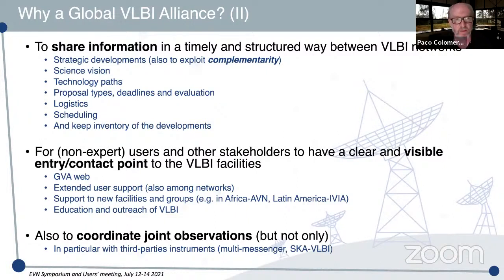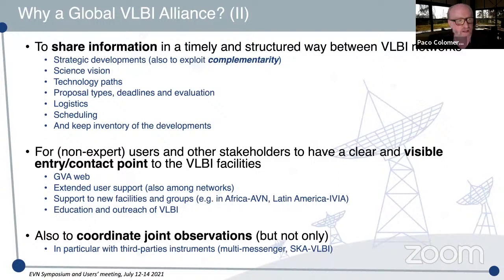And I would like these problems to be looked at through this possibility of complementarity between the networks. The science visions, we saw yesterday as well, the EVN science vision, very recently developed; technology paths of the networks; logistics, operations, proposal types, deadlines, which are often not the same; scheduling issues; and it can also help to keep an inventory and visibility of the different developments.